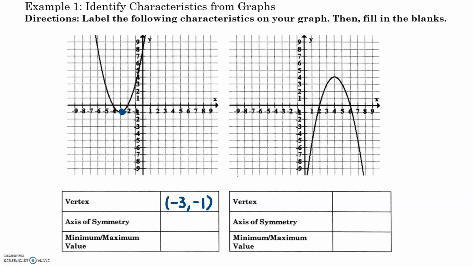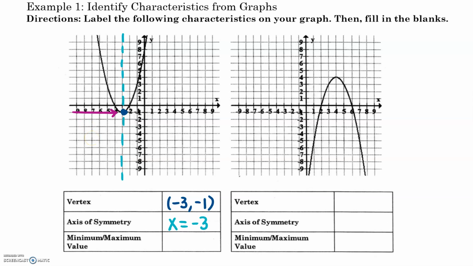In this case, that vertical line, we're going to draw that dashed. Notice it goes through the vertex. Now when we're not given an equation, or a quadratic function in this case, the x-coordinate of the vertex also acts as the equation for our axis of symmetry.